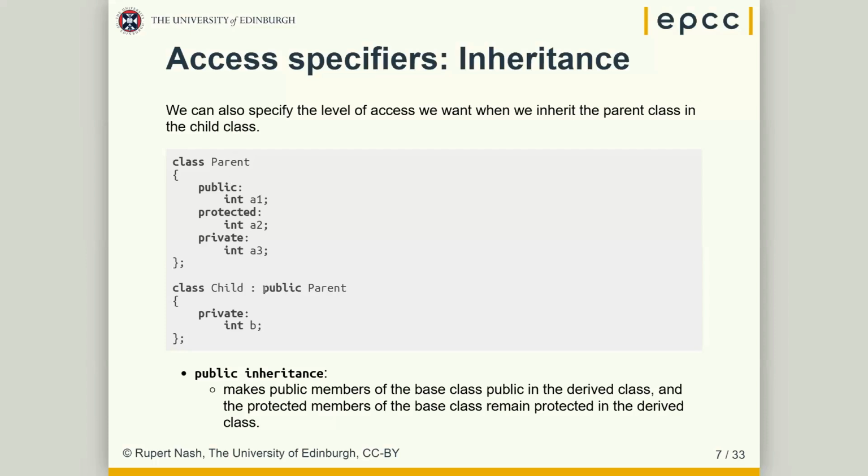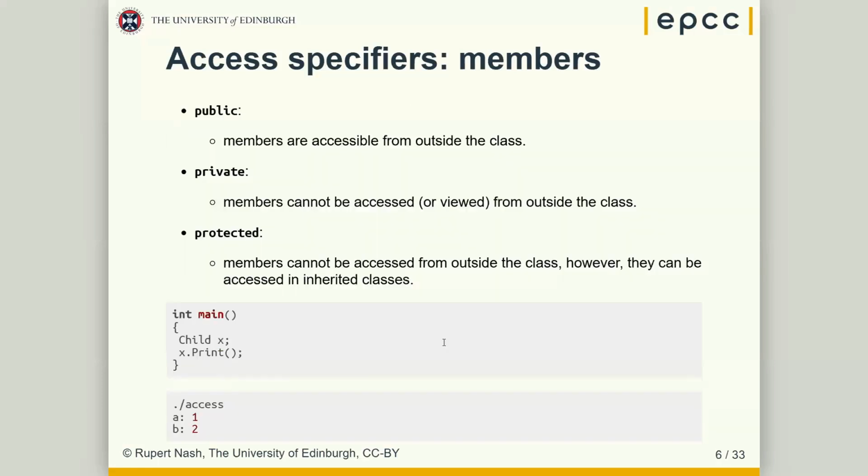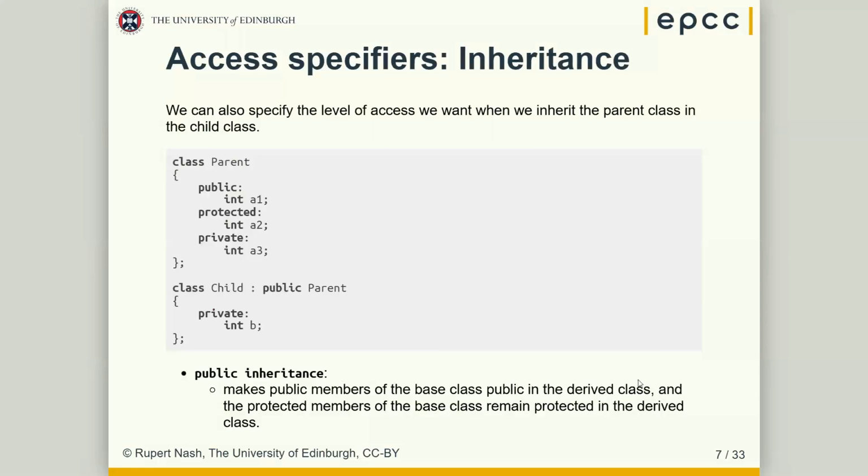But when I choose to accept everything from you, parent class, is effectively what this specifier determines. So this public keyword here makes the public members of the base class public in the derived class. And the protected members of the base class remain protected in the derived class.